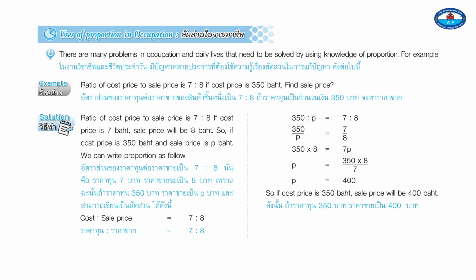Cost price over sale price equals 7:8. 350 over P equals 7/8. 350 times 8 equals 7P. P equals 350 times 8 over 7. P equals 400. So if cost price is 350 baht, sale price will be 400 baht.